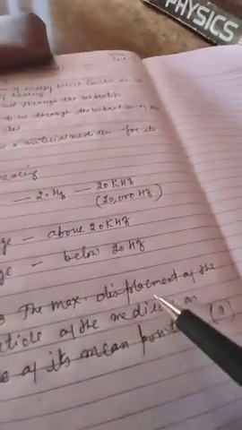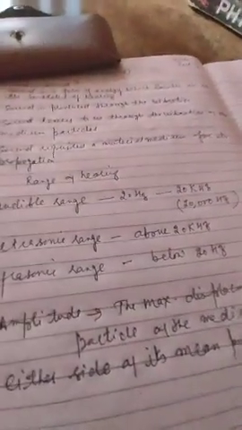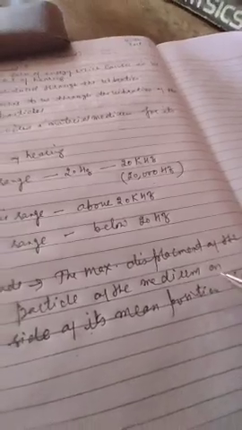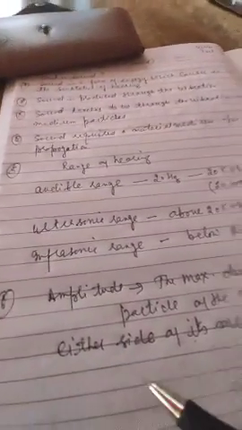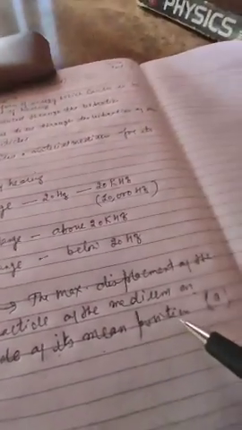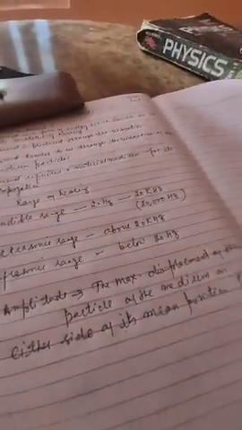The maximum displacement of the particle of the medium on either side of its mean position is called its amplitude.